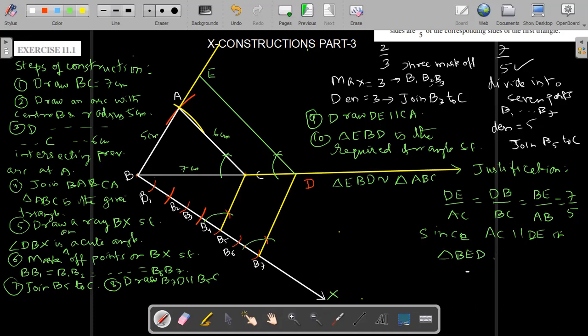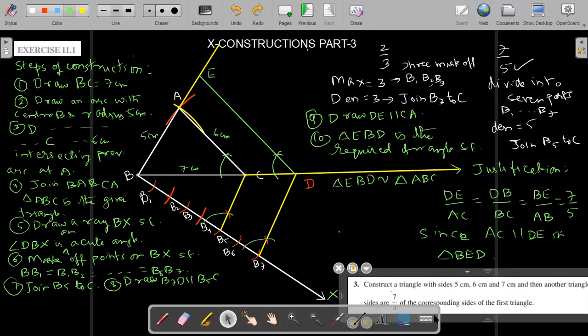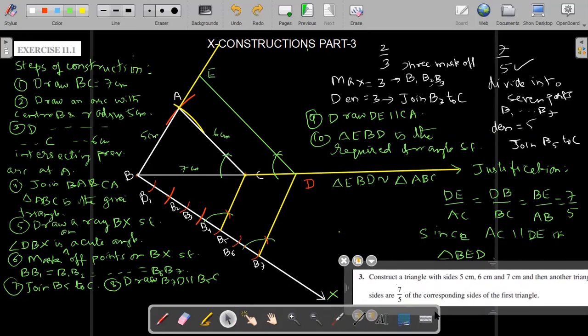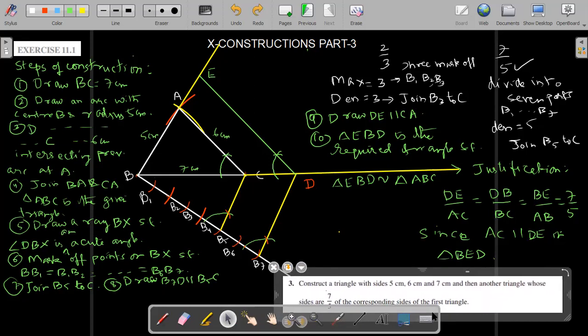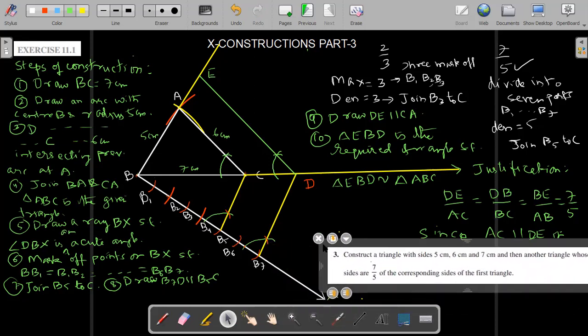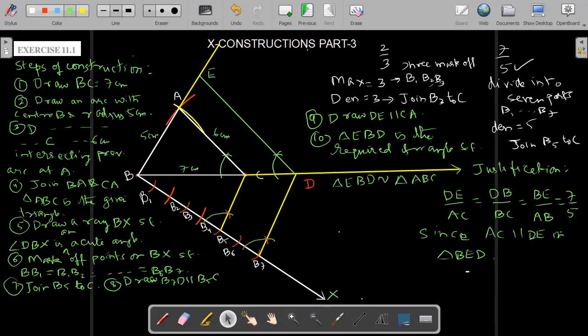Okay. So these are the two types of questions in this exercise. In the whole exercise, you have only these two types of questions. This is question number 3 that we have done, although last year it was deleted.